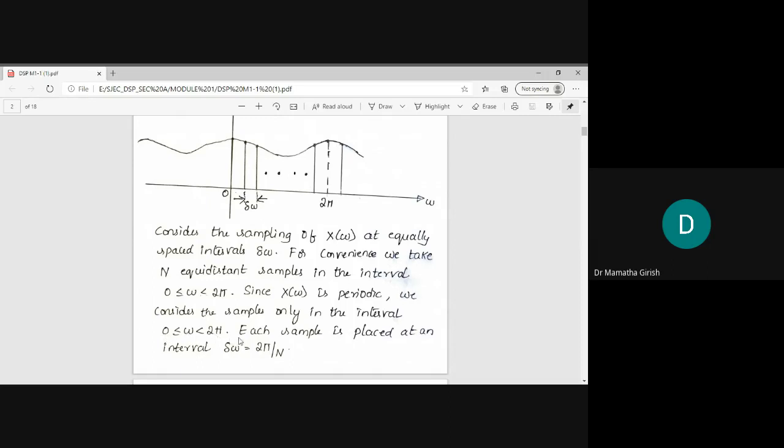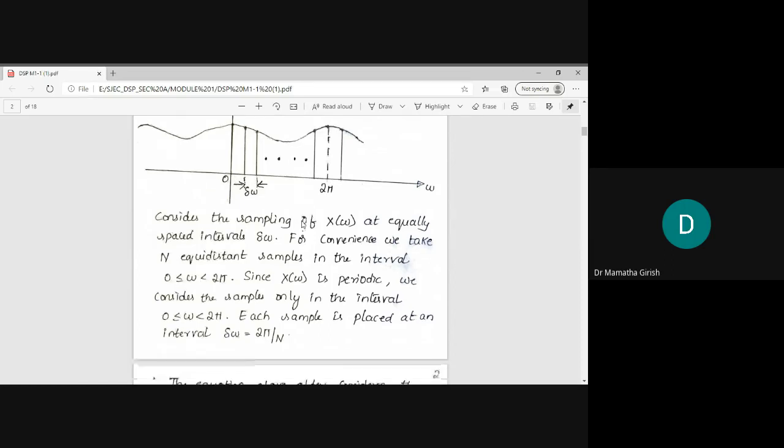As I told you, the spacing between any two consecutive samples, delta omega, is given by 2 pi divided by N. 2 pi refers to the finite range of omega, and N refers to the total number of samples present within the range 0 to 2 pi.